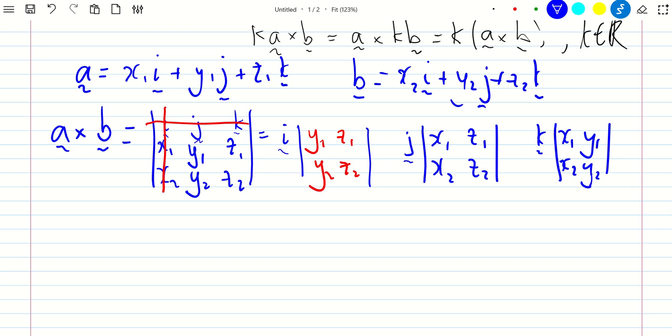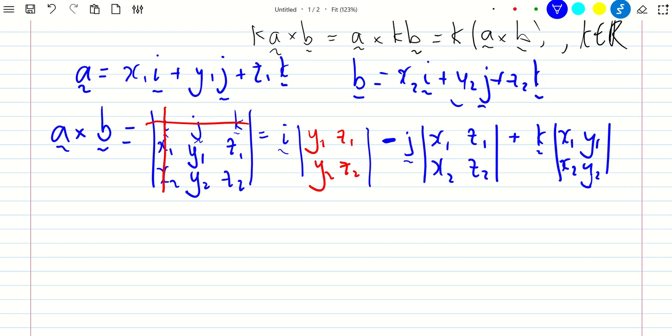You don't need to know this, but all you need to know is that the i's will be positive, the j's will be negative, so there's a negative sitting out there, and the k's will be positive, and that's just to do with the sign diagram of 3x3 determinants. All you need to know is this particular formula here. And so that's how we go about finding the a cross b.